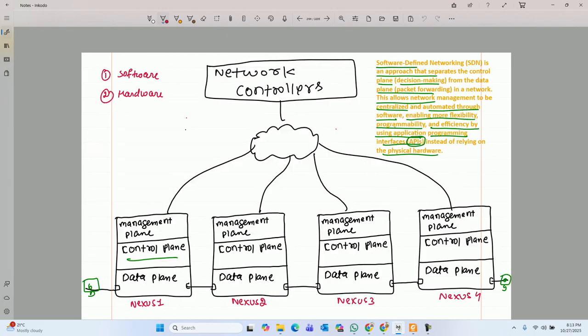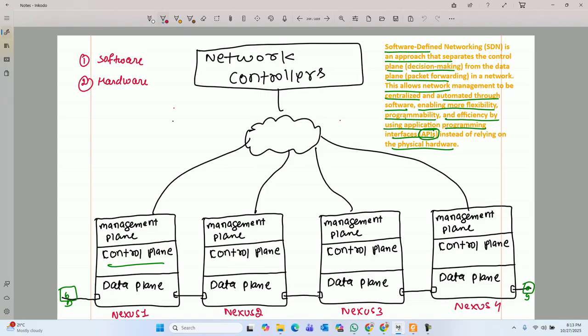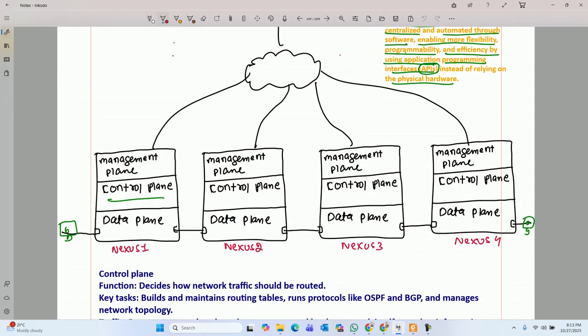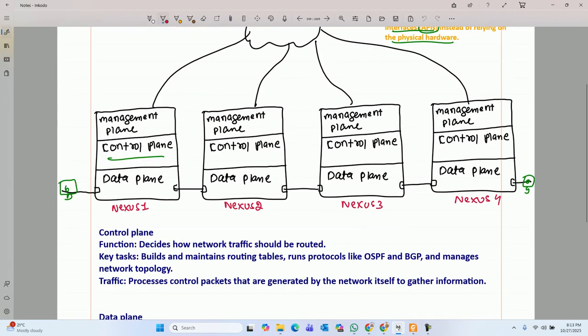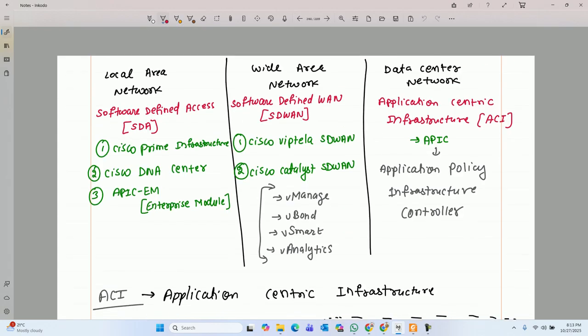After VXLAN configuration, we have seen what is SDN, software defined networking. And in software defined networking, we have discussed the importance of the network controllers. But before that, we have seen what is the data plane, control plane, and management plane. Why do we need the network controllers, right? After that, we have seen different solutions.